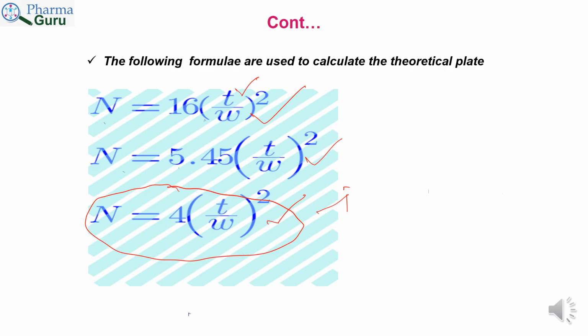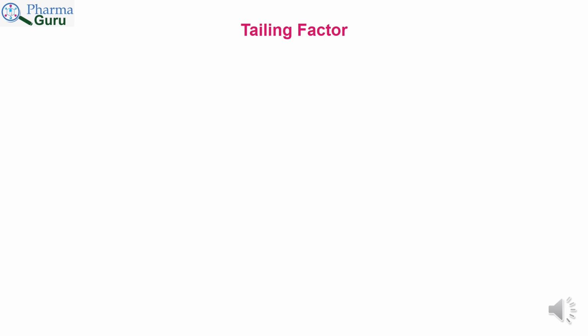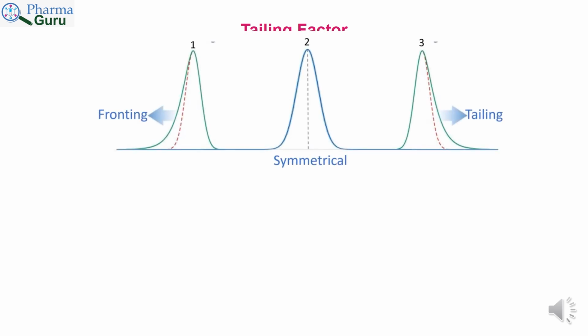in the industry. Now the question comes, what factors affect the theoretical plate? Any factor which increases the retention. Tailing factor. Now I am going to discuss in detail. See, peak 2 is symmetrical or well shaped, and hence this peak is called a symmetrical peak or ideal peak, and it is acceptable in GC or HPLC.